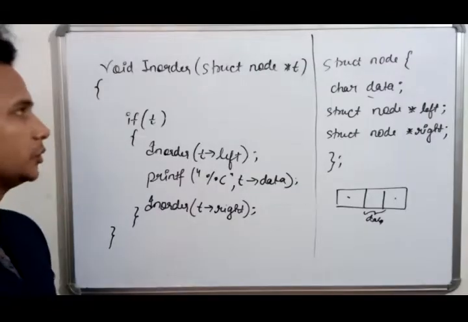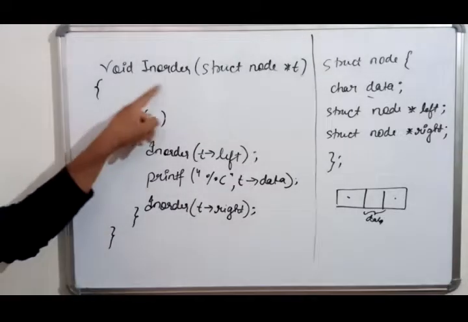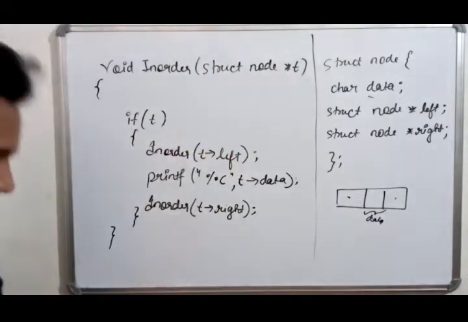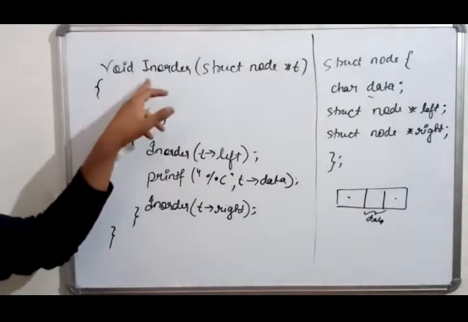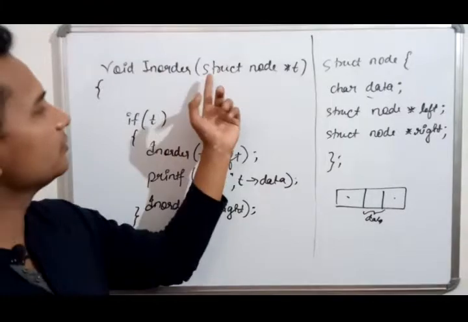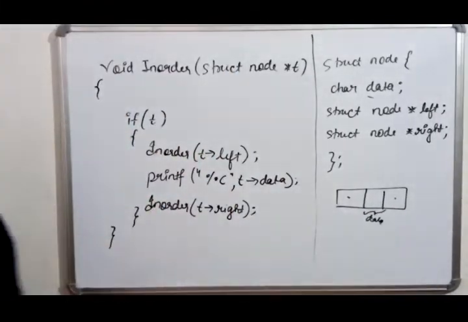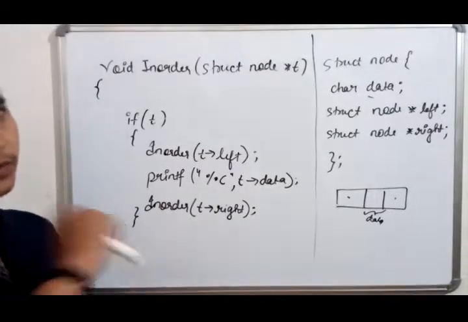Okay, now let me show you the code for Inorder. So void Inorder struct node asterisk t. We make a non-return type function for Inorder, in which we have struct node asterisk t. Whenever we call this function, we will pass the root to this function.